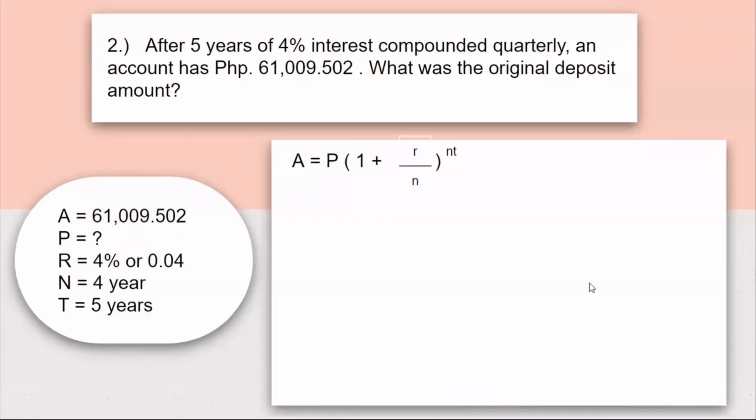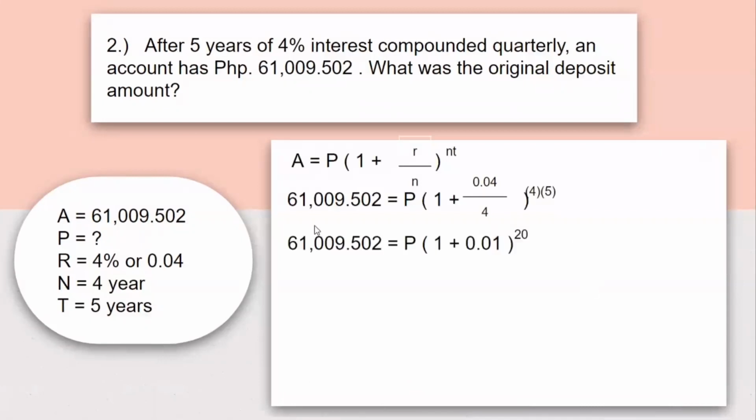So, i-fill up na lang natin siya. So, 61,009.502 is equal to P as is, kasi siya hinahanap natin, open parenthesis, 1 plus 0.04 over 4, close parenthesis, yung exponent natin, which is yung NT, equivalent siya kay 4 times 5.